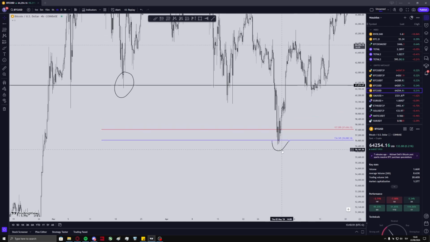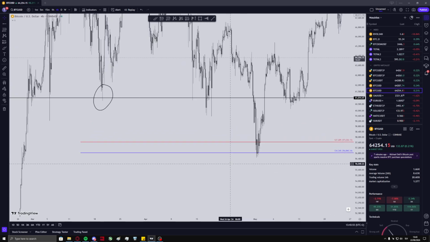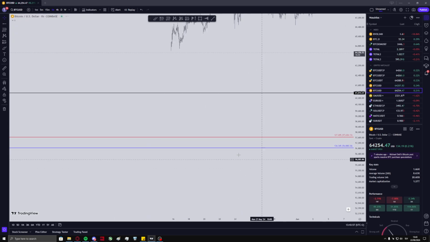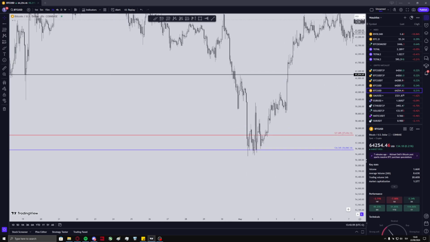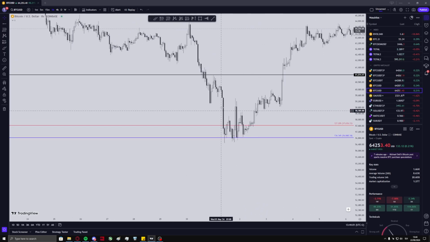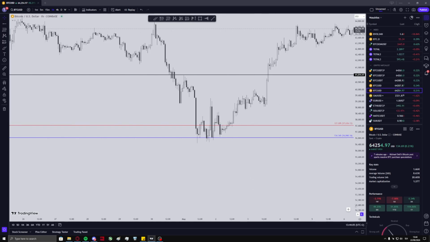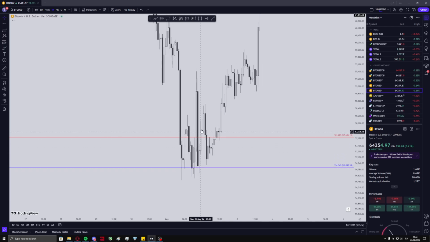And you can clearly see how this level, look at this. We went into this zone, we consolidated a bit, then we had a breakout, but no successful retest. You had a breakout, closed above, retested on this candle, and then went up.